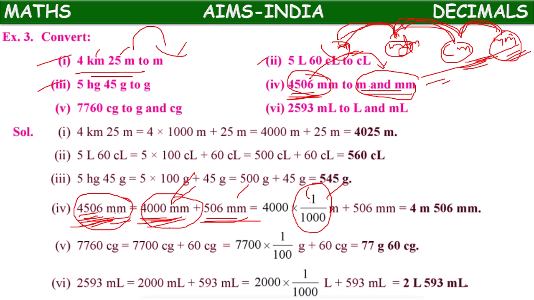So we have replaced it with 1 by 1000 meters. 3 zeros cancel. So it can be written as 4 meter and the remaining 506 millimeter. We have to divide by 1000, so that's why from this number we are separating 1000, and we are writing it as 4000 plus 506.